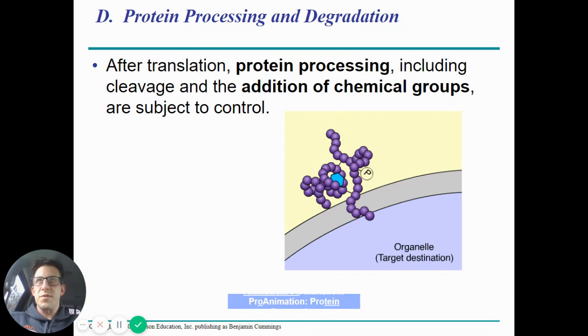That's regulation in terms of making sure we get exactly what we want. Okay. So you can add certain chemical groups, you can send it to a very specific place, you can fold it in a very specific way or cut it in a very specific way. So this protein processing is a point at which we can regulate gene expression as well.